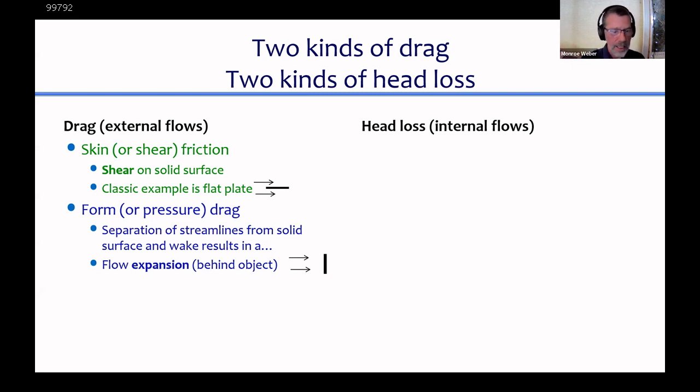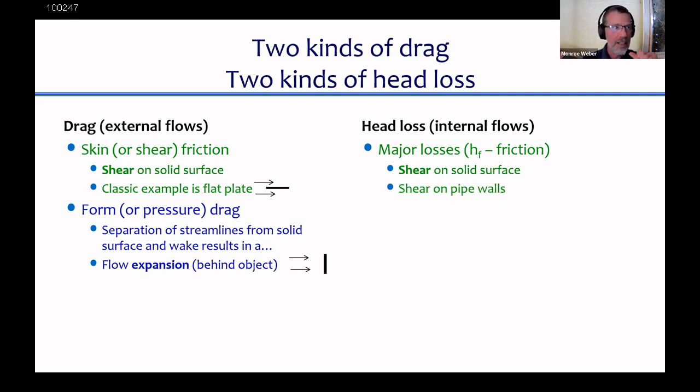And the cool thing is that there's a nice analogy to what's happening inside pipes. So if we go to pipes, we have major losses, which we talk about as friction, and that's the same as shear, because it's also shear on a solid surface and it's shear on the pipe walls. So major loss is about shear on the pipe walls.